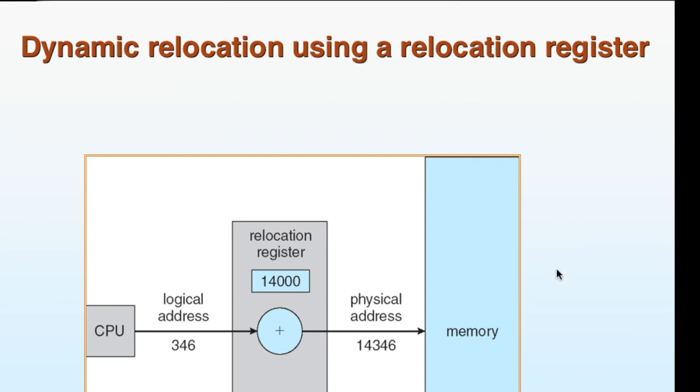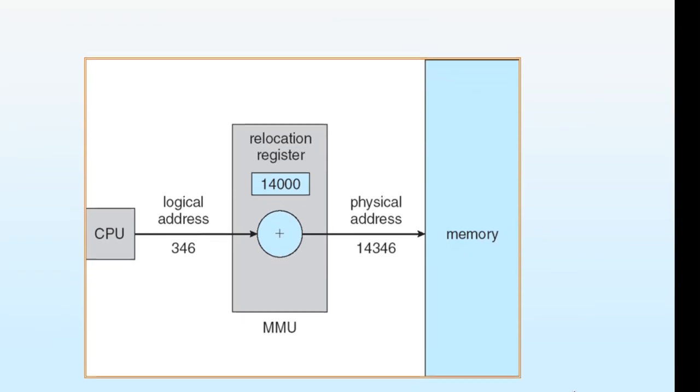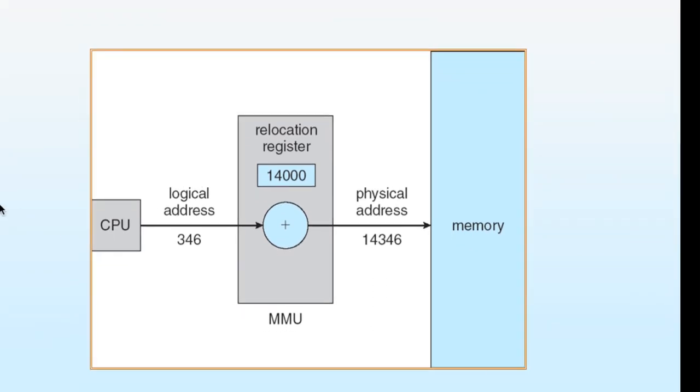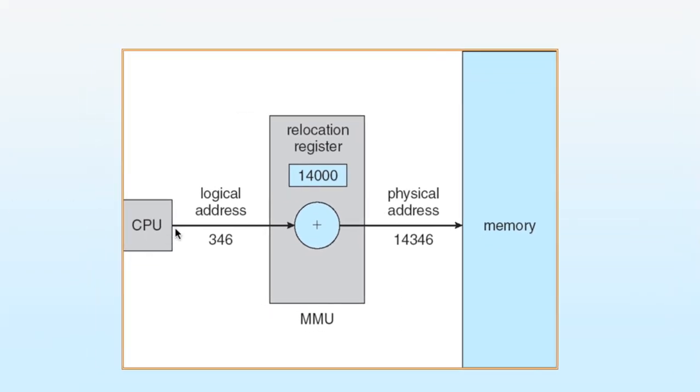And here's a picture of the dynamic relocation using a relocation register that's going to basically give us the offset. So here's our CPU, and here's our register, and here's our physical address in terms of the mapping that's going to happen. This is our MMU. So we might have this logical address of 346, and the MMU gave us that address.